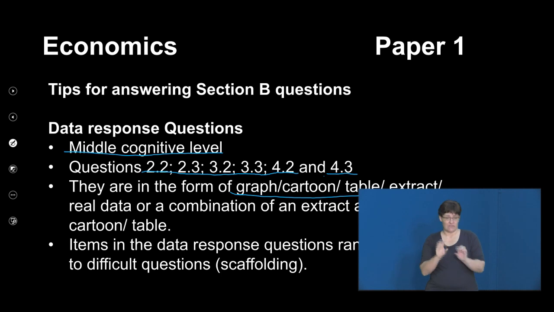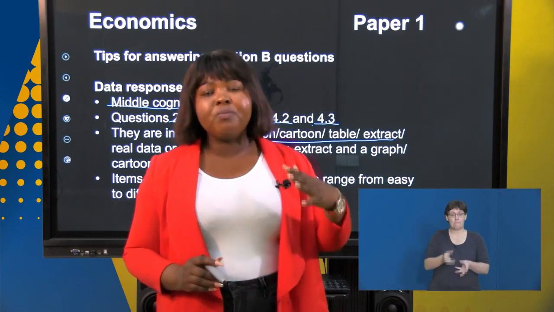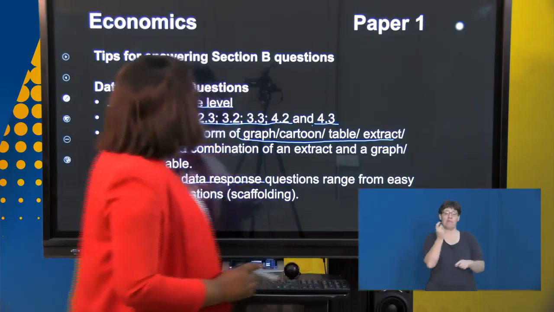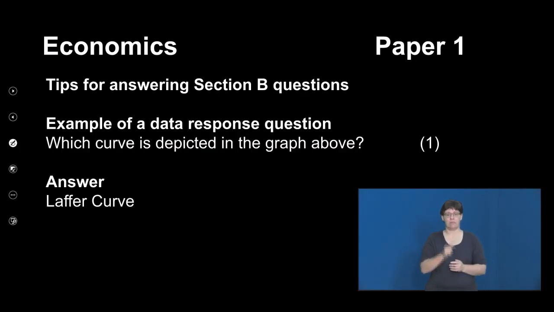Then you are given items or questions in the data response that range from easy to difficult questions. You need to know that the questions that you are going to get from the data response are scaffolded from easy to difficult. Right. This is an example.